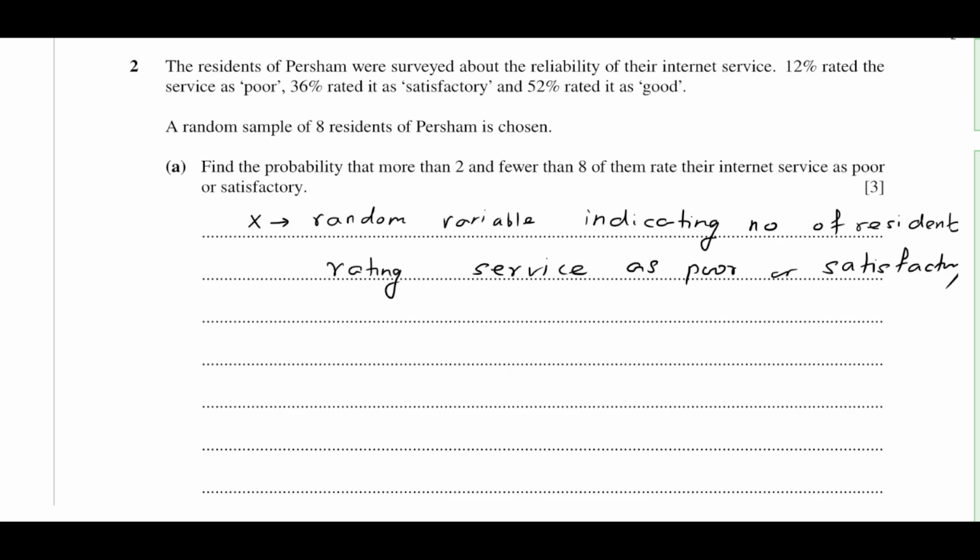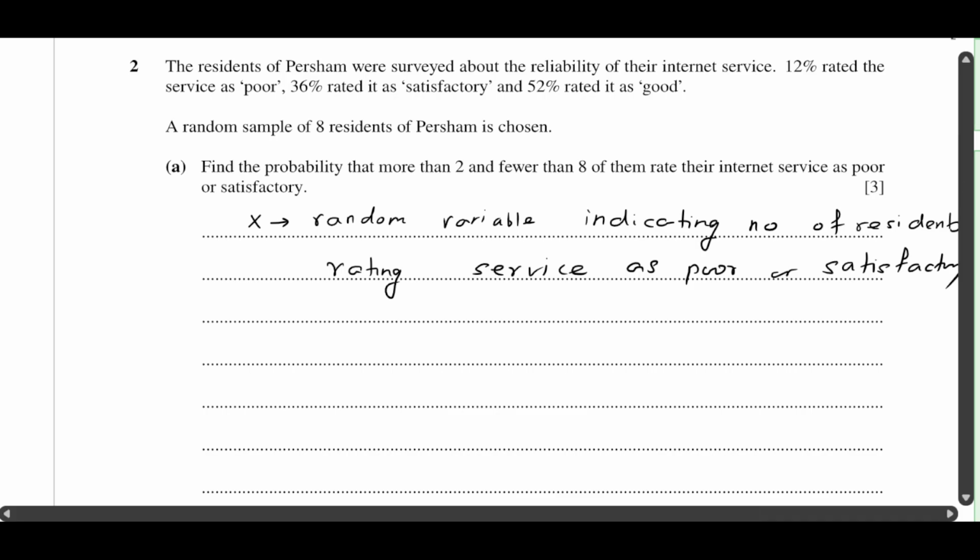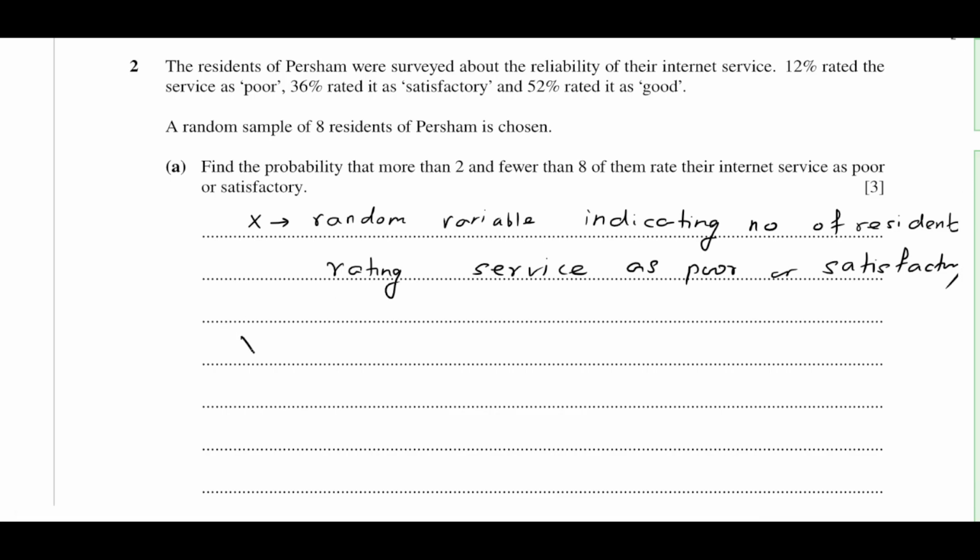Now, find the probability that more than two. So here, X will be a binomial distribution with 8 as the total number of residents, and the probability of rating as poor or satisfactory is 12% plus 36%.